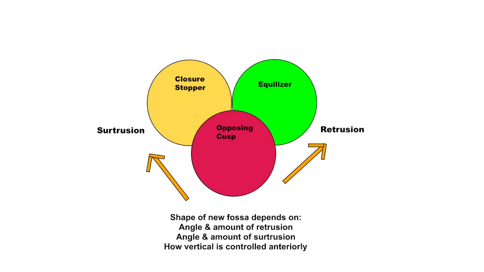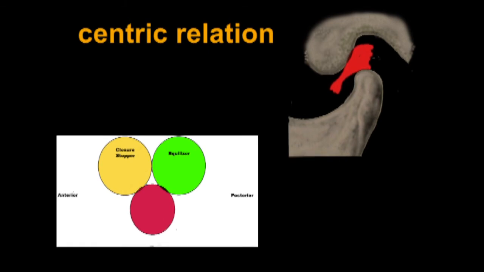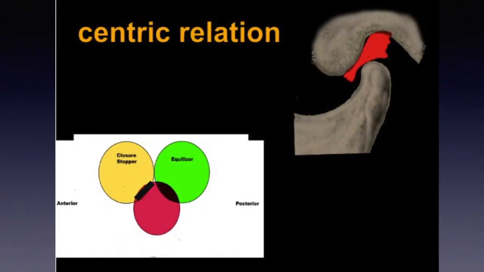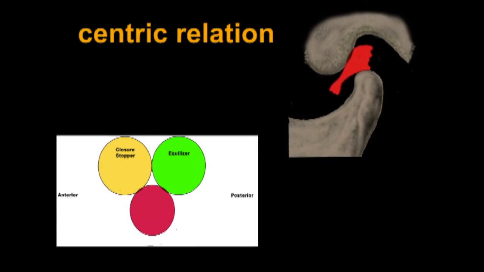Here is a motion graphic which attempts to illustrate that composite movement. Notice that the condyle is sliding up the eminence, and it is also getting closer to the eminence as the disc retrudes to the central fovea. We'll run it again.